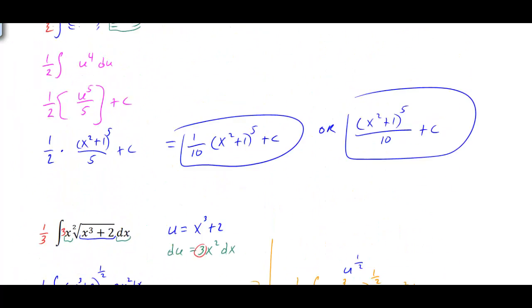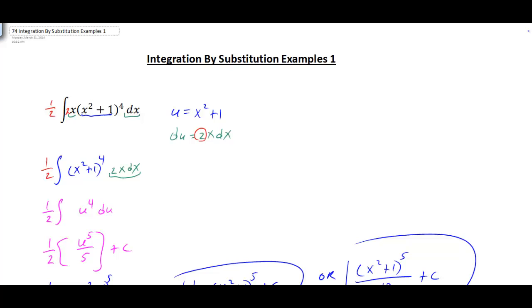And once again, I just want to emphasize that once you let u equal part of the inside of your function, when you find du, you must have du in the problem or you're not able to integrate. So for these 3 examples, we didn't have du in the problem, but we were only missing a constant term that we could multiply in to take care of that missing piece.